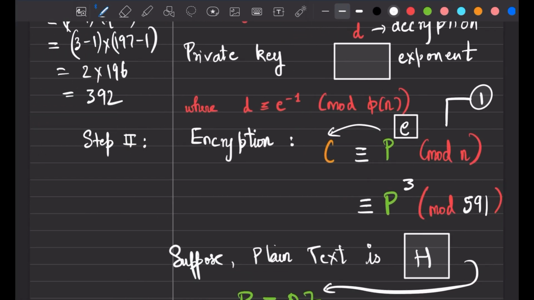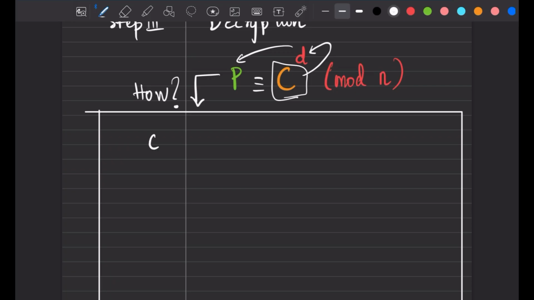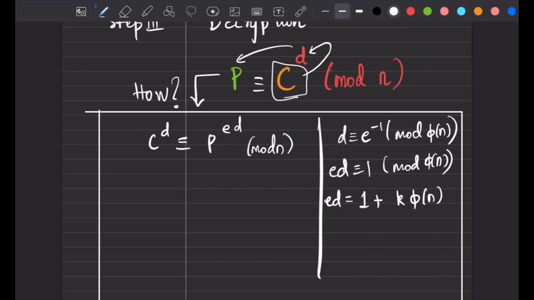So the encryption formula is C congruent to P raised to E modulo N. If you raise both sides to the power D, you will get C raised to D congruent to P raised to ED modulo N. Remember that D is the inverse of E, which means that E times D is congruent to 1 modulo, it's not modulo N, it's modulo phi of N. So E times D is congruent to 1 modulo phi of N, which means ED is actually equal to 1 plus some integer multiple of phi of N. This, when substituted over here, gives us P raised to 1 plus K times phi N modulo N.